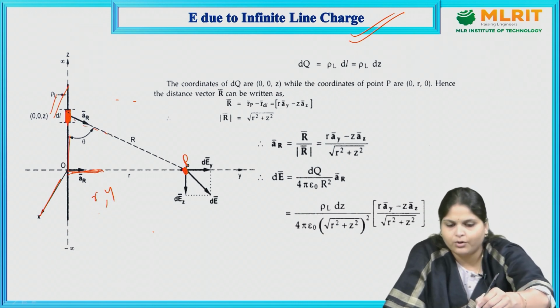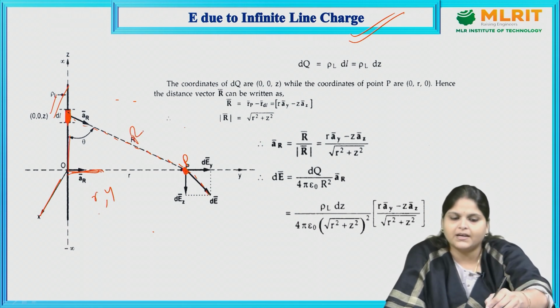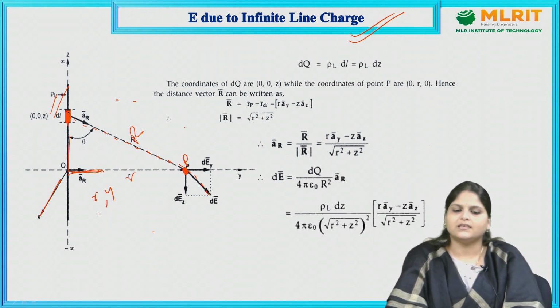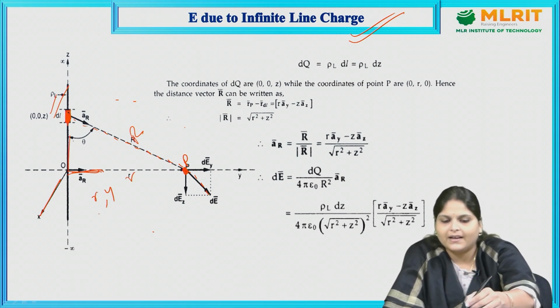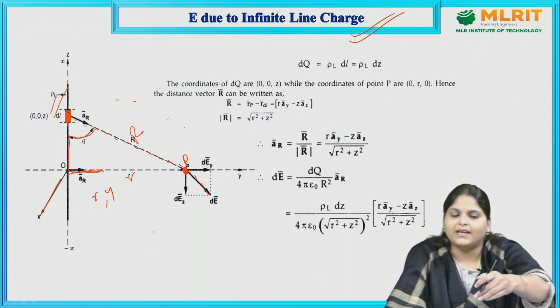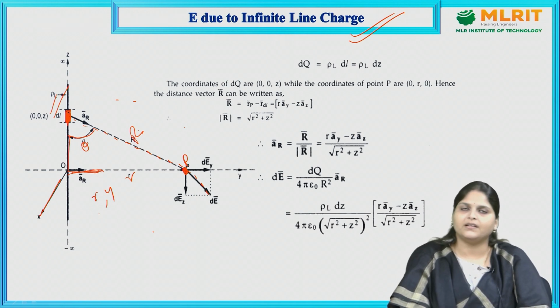So that is how we can join this. And the distance between these is capital R. This length is small r. The angle between z and the line joining the differential element and the point is given by theta, right?